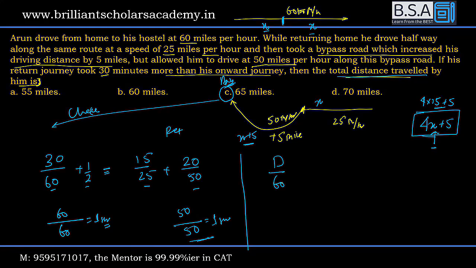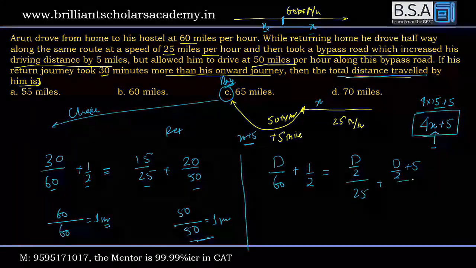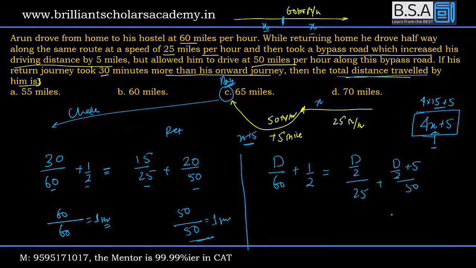अगर check नहीं करना होता, I will start in this manner. Distance upon 60 plus half is equal to distance upon 2 divided by 25 plus distance upon 2 plus 5 divided by 50. कुछ गलत नहीं है. You can solve this also. Answer आएगा, answer match करेगा. Answer will definitely match.